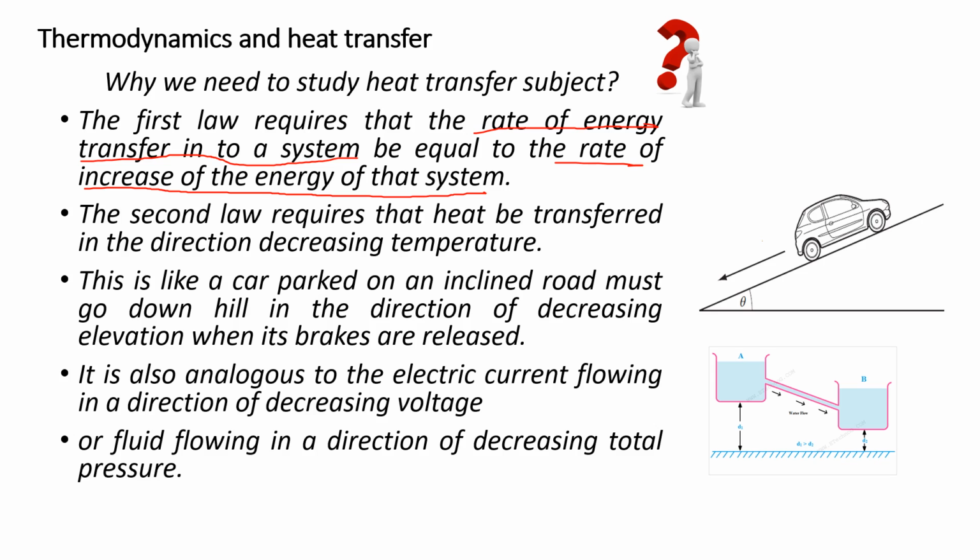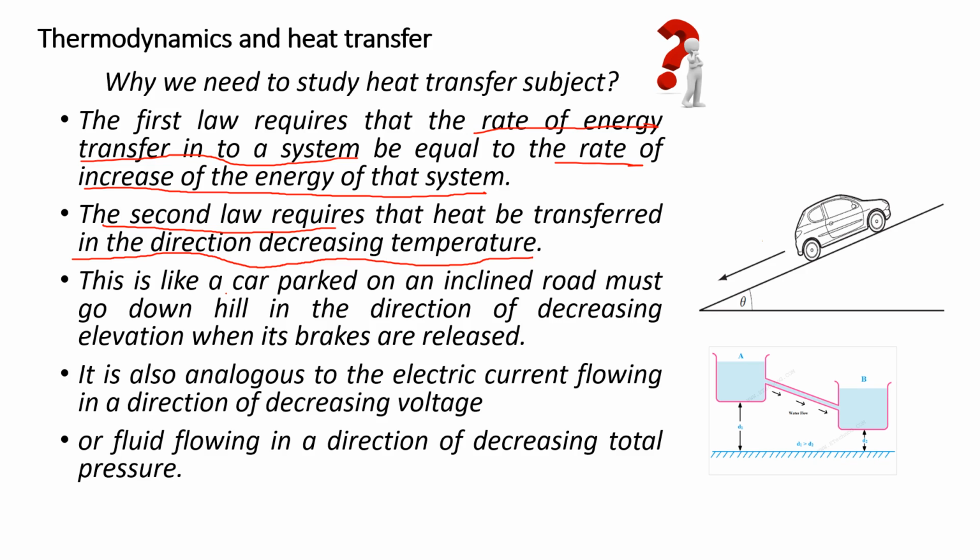What does the second law require? It requires that heat be transferred in the direction of decreasing temperature. The second law gives us information on the direction of heat transfer. If you compare with a day-to-day example, it is like a car parked on an inclined road.